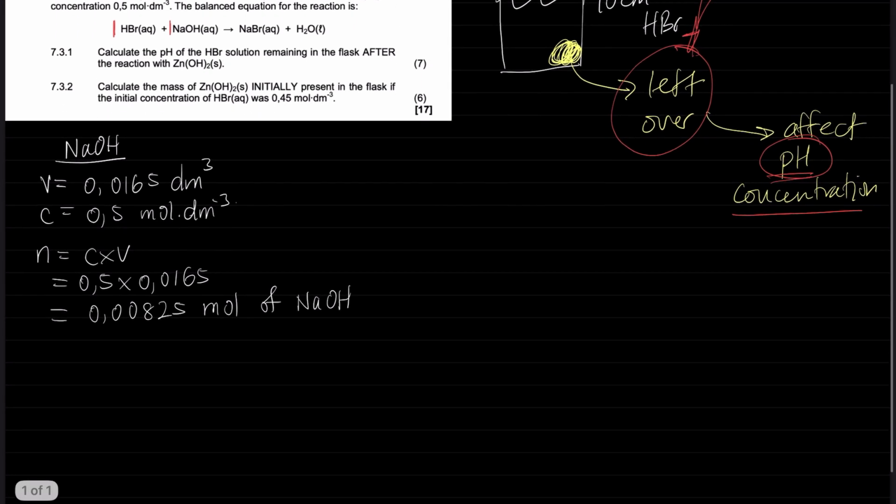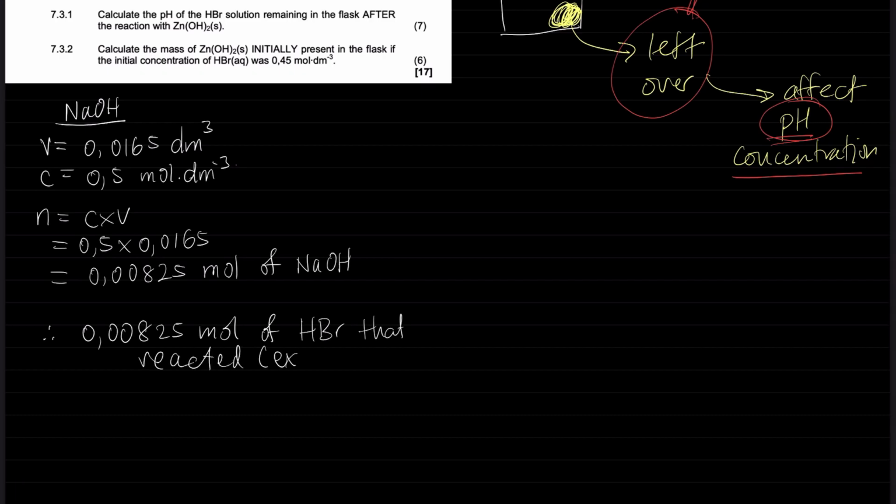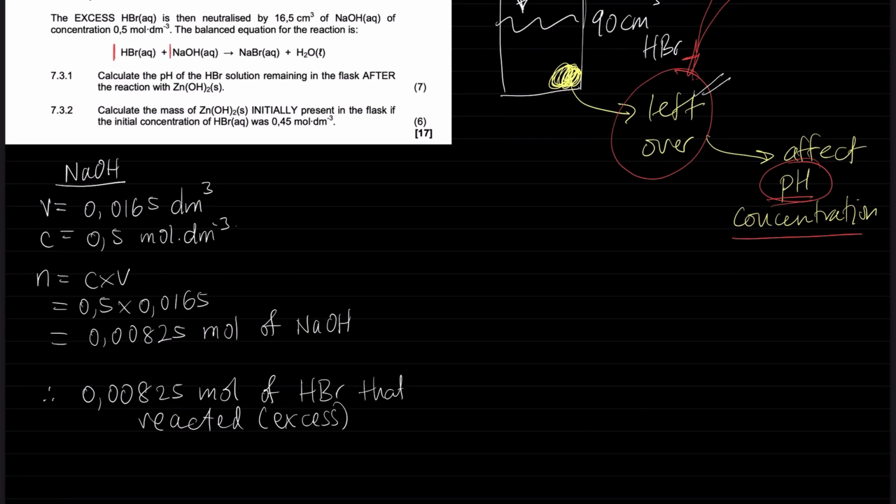So therefore, we can say that we had 0,00825 moles of HBr that reacted. And this is the excess amount. This is the leftover.